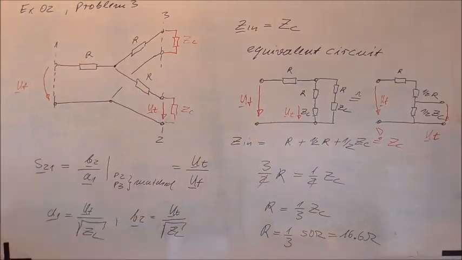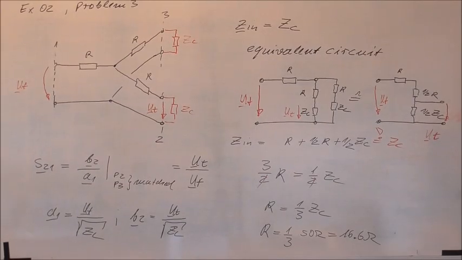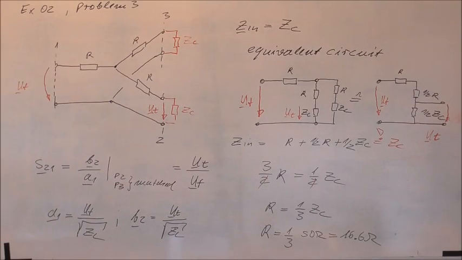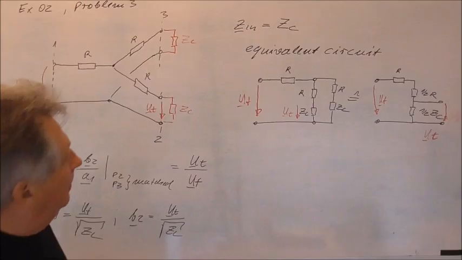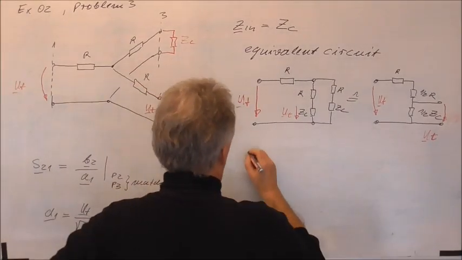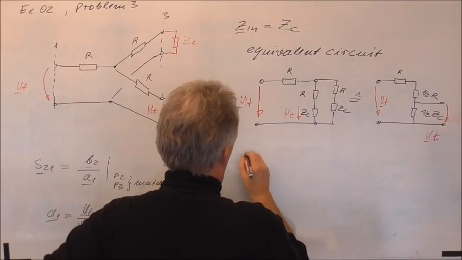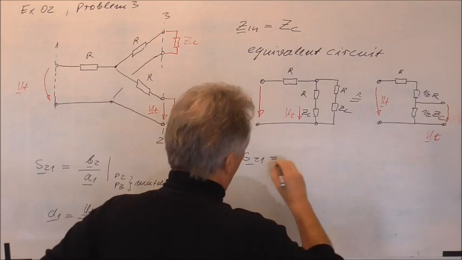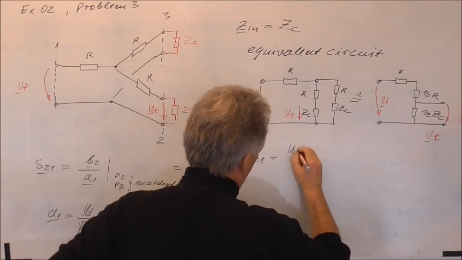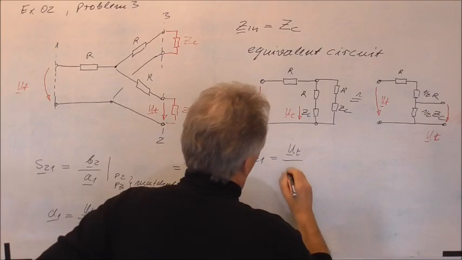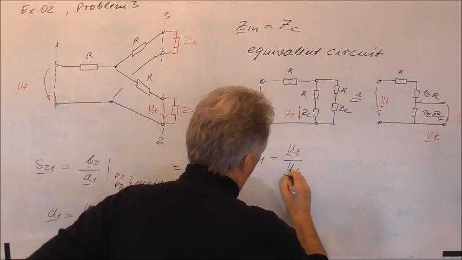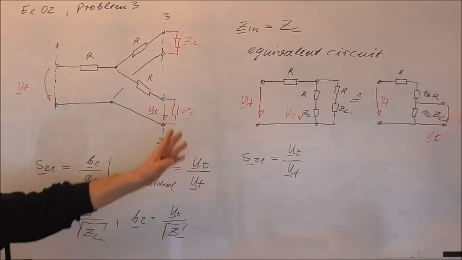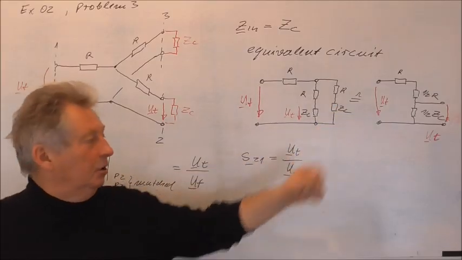So I can now calculate this part. We can say that S21 will be equal to UT, the transmitted wave, to the forward voltage. And now we have to account for the voltage divider.